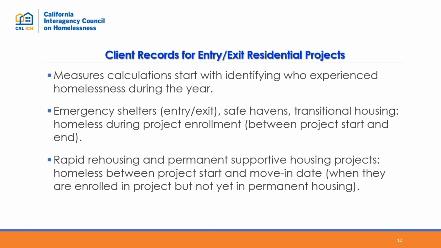For people who were served in entry-exit emergency shelters, which is shelters that are using the entry-exit tracking method, safe havens, and transitional housing projects, people are considered to be experiencing homelessness between their project enrollment or start date and their project end or exit date.